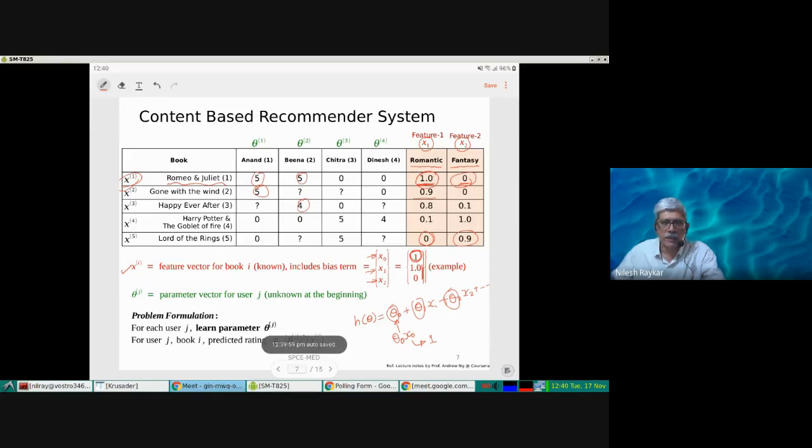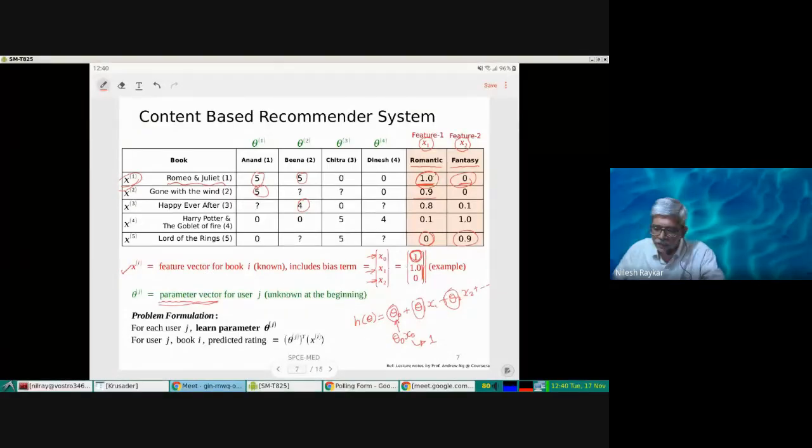In our regression problem, we call them a weight corresponding to each of the features. In this case, the theta vector is the user preference for a particular feature. This is also known as the parameter vector for each of the users. Each user may have preference for a certain type of book or certain feature of the product, in this case, a certain feature of a book.